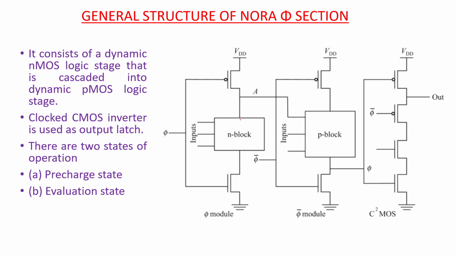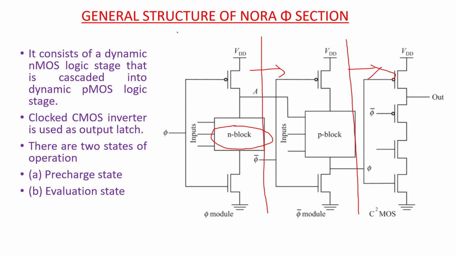You can see this is your NMOS logic stage, and it is cascaded into a dynamic PMOS logic stage, and finally we have the CMOS inverter as the output latch. So this is your NMOS stage, this is your PMOS stage, and finally we have the inverter stage.